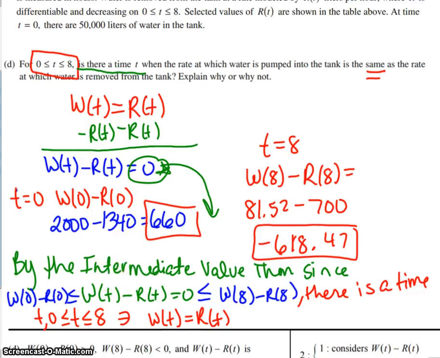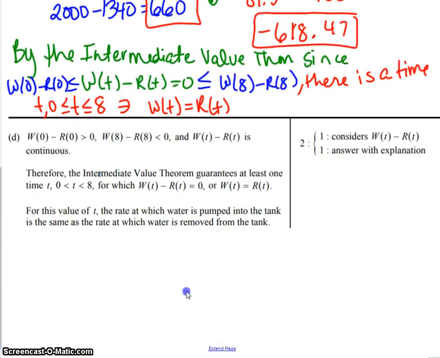Okay, so here's the score for that. Here, this is saying that at 0 it's going to be 660, and then at 8 it's going to be negative 618. And by the intermediate value theorem, since 0 falls in between those two, there is a time t at which the rate of the water being pumped in is equal to the rate being removed.